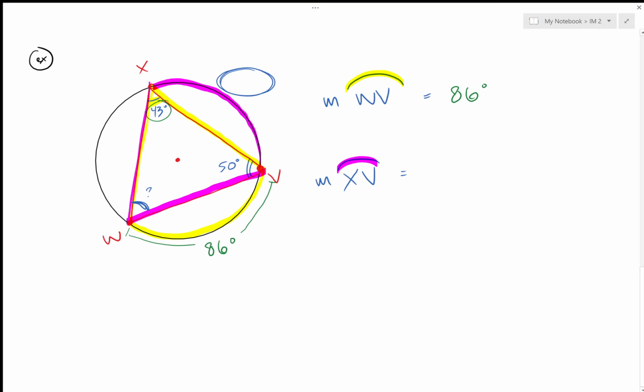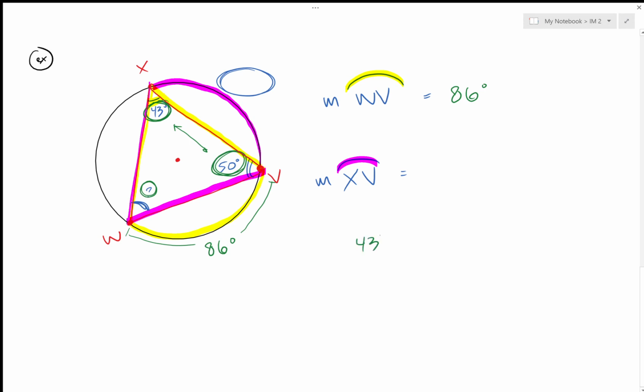I have a 43, I have a 50, and if I look inside that circle, that's a whole triangle right there. From X to W to V and then back to X, that's a triangle. And triangles add up to 180. So if I have these two, I can add them up and then find out what this is here by subtracting it from 180.